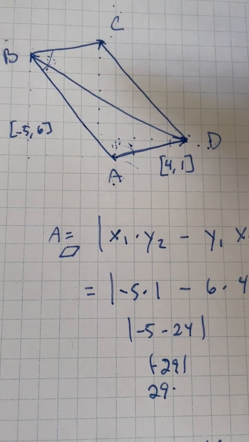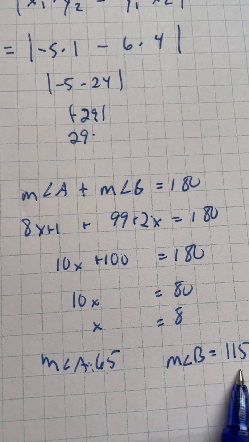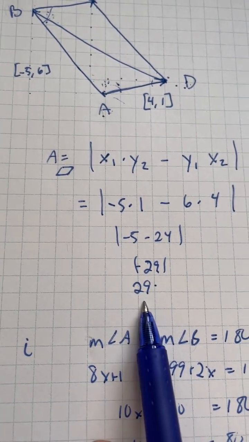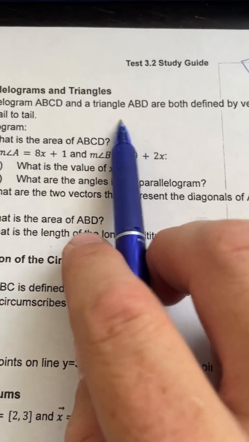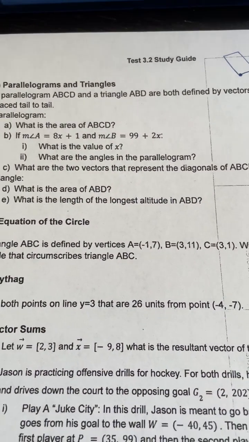So ask your teacher about that one. Whether the picture is right or wrong, these are definitely the answers for A and B. And this is still definitely the area for the parallelogram. Yeah, I think they made a mistake in the way they wrote that. They should have said it differently. So I don't think it's possible to make it any different.